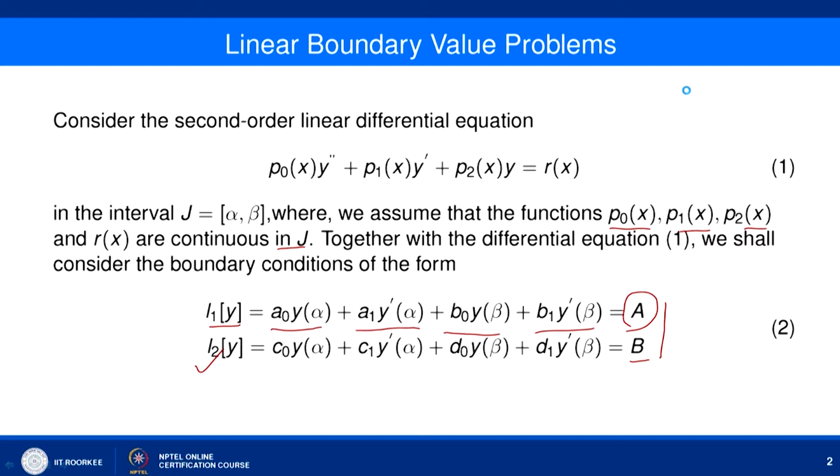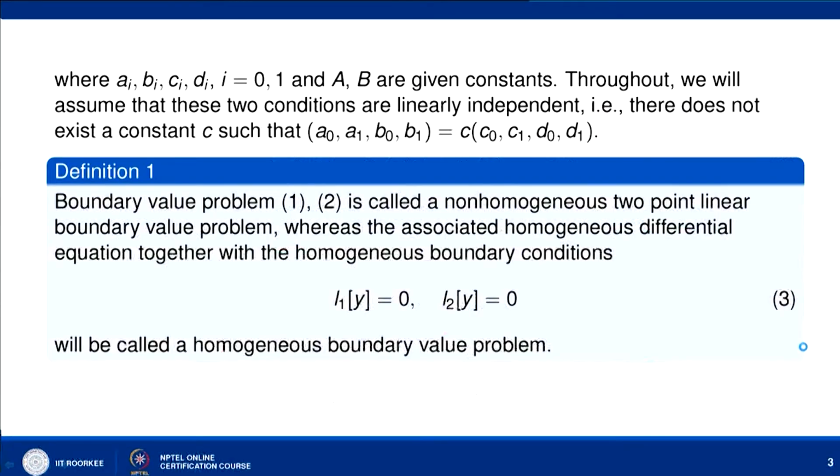So, we are assuming that the vector A naught, A 1, B naught, B 1 is not a scalar multiple of C naught, C 1, D naught and D 1. It means that these two vectors are linearly independent, so we are precisely working with two linearly independent boundary conditions rather than one. I am assuming that there exists no k for which this is true. So, we are assuming that the conditions given in 2 are linearly independent boundary conditions.